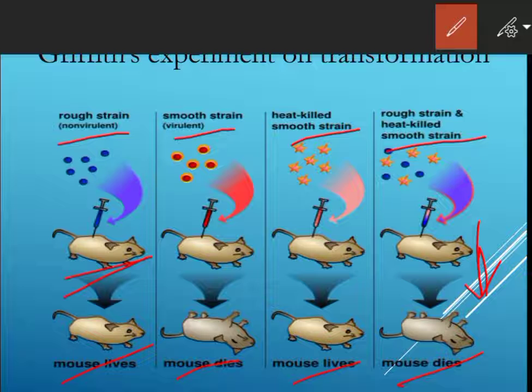They also discovered that protein digesting enzymes like proteases and RNA digesting enzymes like RNases did not inhibit this transformation. This proved that the transforming substance was neither protein nor RNA.